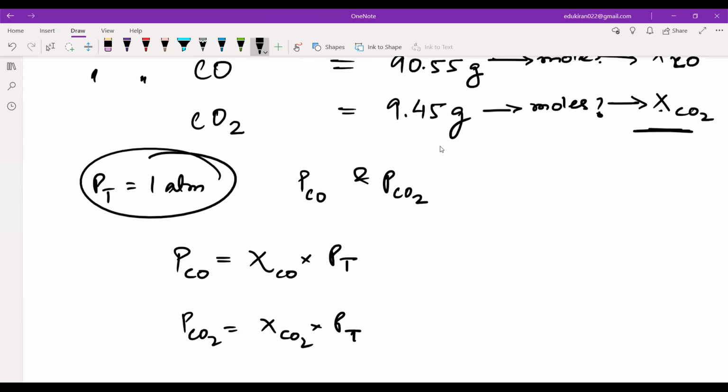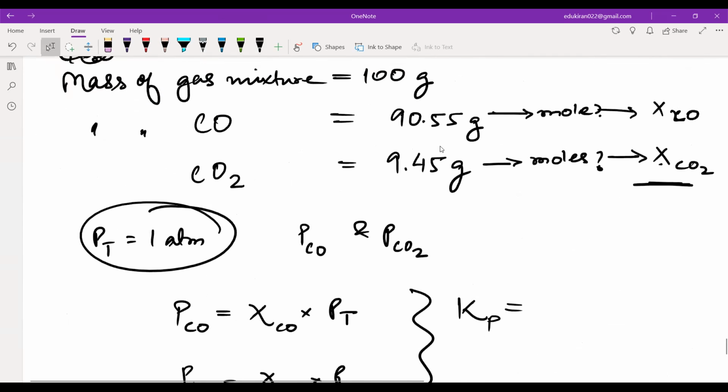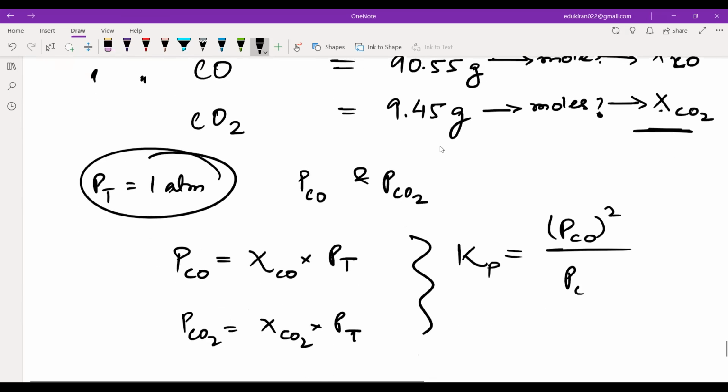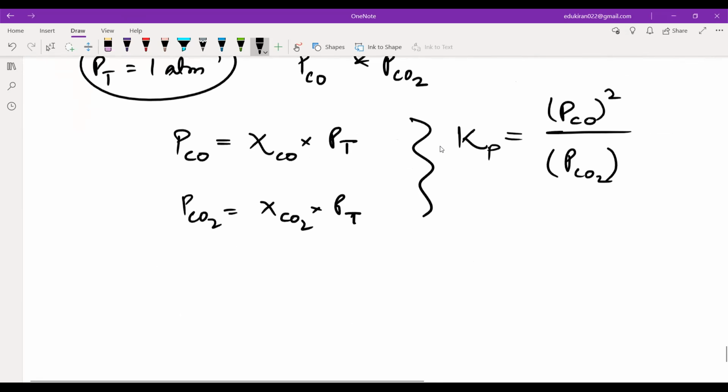So now when you have the partial pressures, then what you can do? I assume that you have calculated the partial pressure. Then you can write Kp equal to, what do we have in product? We have CO in product. So partial pressure of CO square divided by the partial pressure of CO2. Okay. Now what have they asked? They have asked Kc.